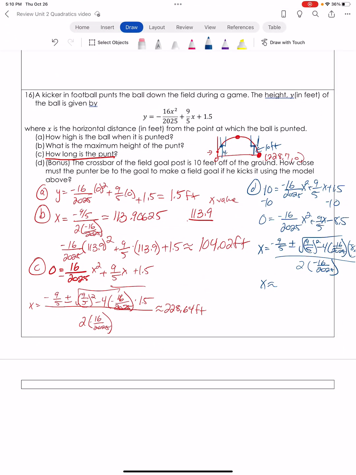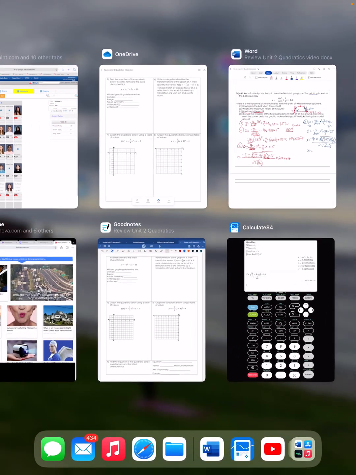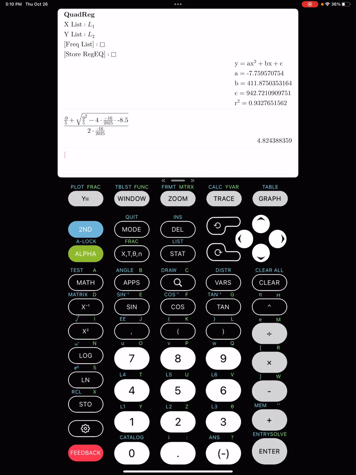Okay, so right here would be 4.8. So if you're 4.8 away, you would make it.